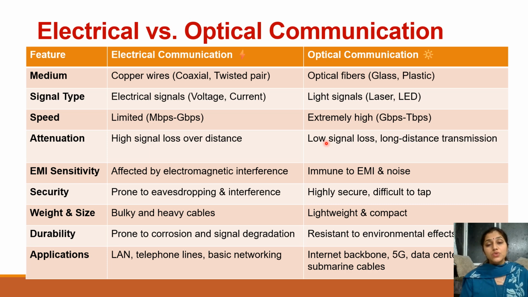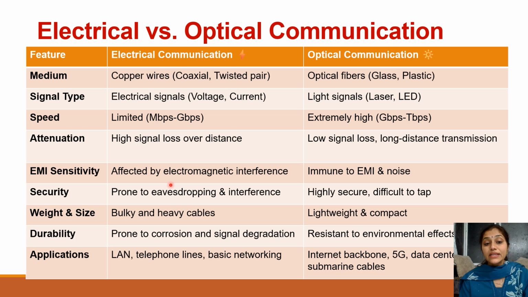So attenuation is when we transmit information, then its amplitude decreases or reduces because of noise and other signals that get added into it. So it degrades. That degradation is more in case of electrical communication, whereas it is less in optical communication.